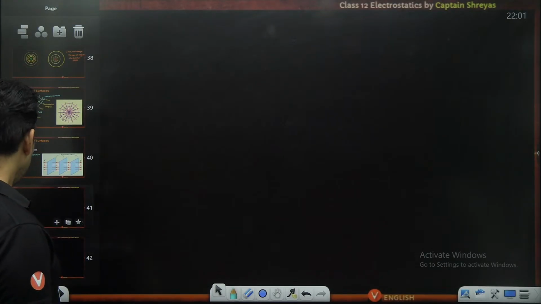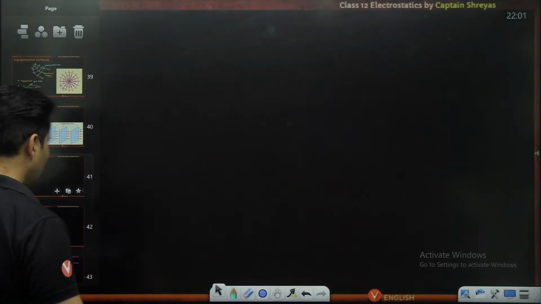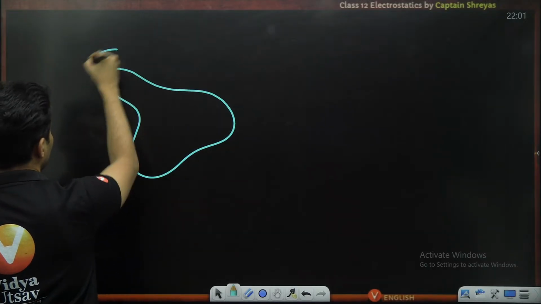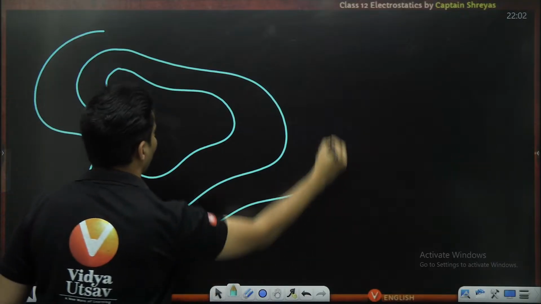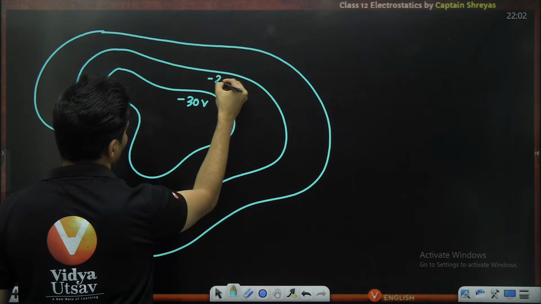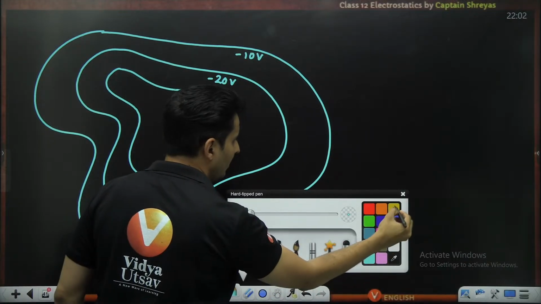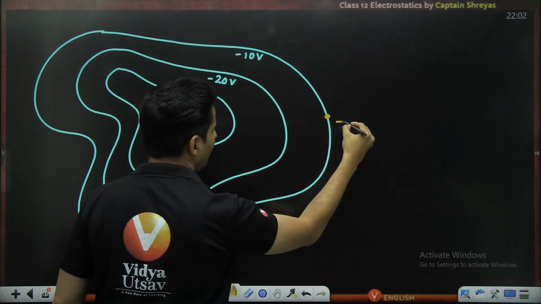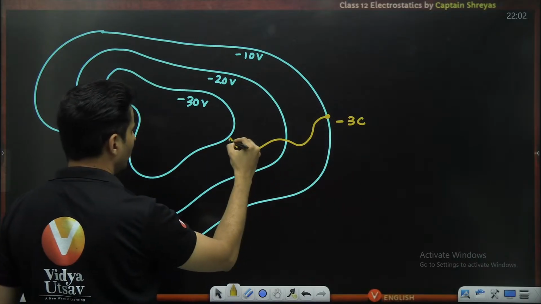Now, going ahead, say for example, if I tell you that listen, there are equipotential lines like this. Maybe this is minus 30 volts, minus 20 volts, minus 10 volts, and maybe I have a charge over here of minus 3 coulombs, and I get it over here.